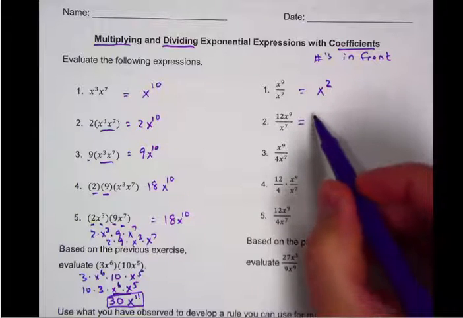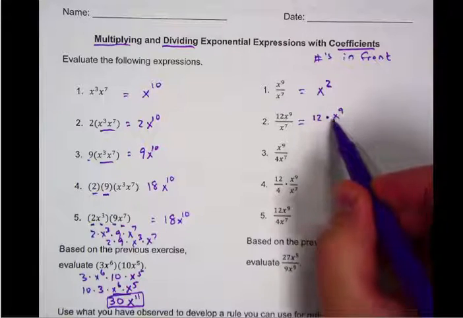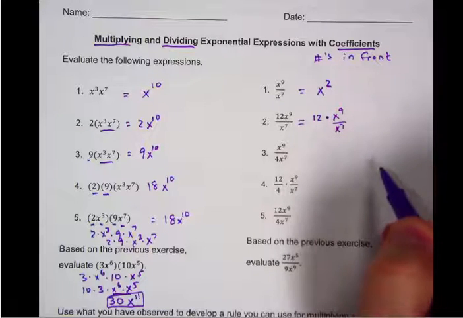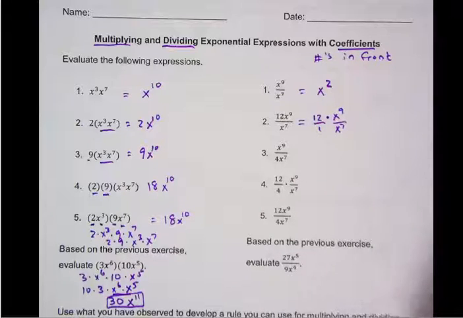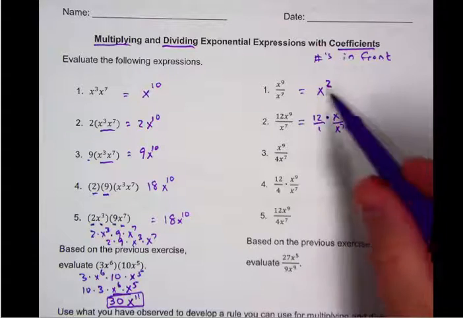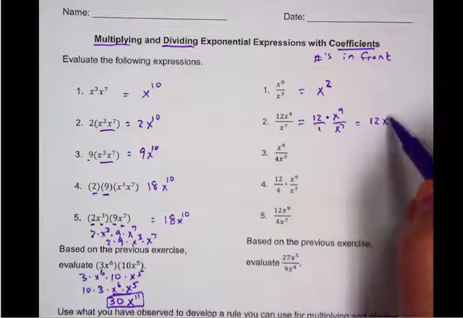So I'm going to break this apart. It's really 12 times x to the 9th over x to the 7th. And the 12 is actually 12 over 1. So we already know that x to the 9th divided by x to the 7th is x squared. There's just a 12 in front of it. So this is equal to 12x squared.